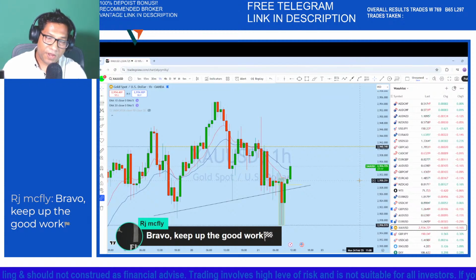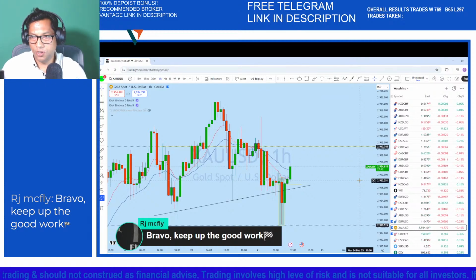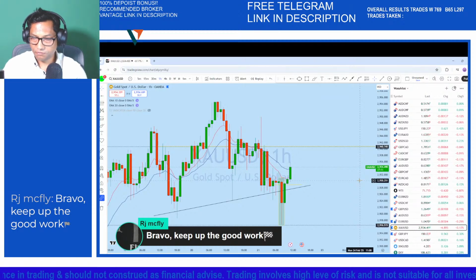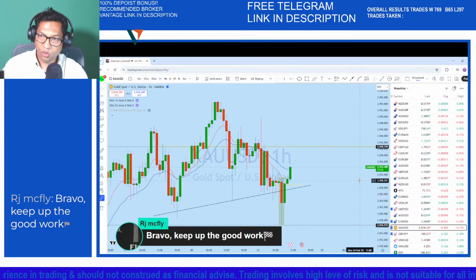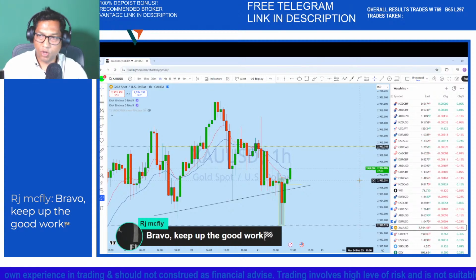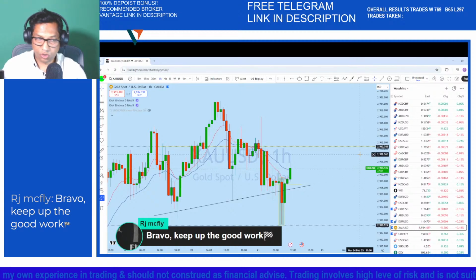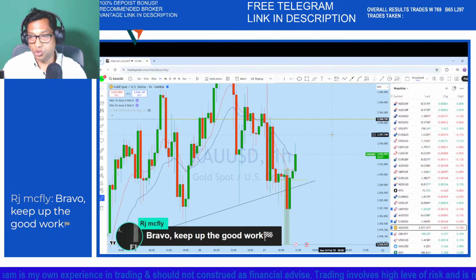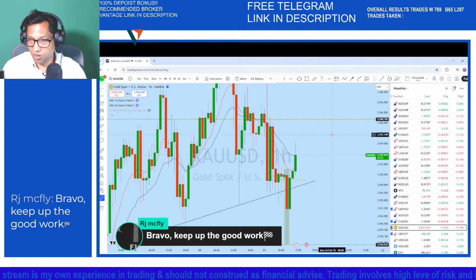Now behind that belief there is also a probability of it happening. That's where we need to understand the probability of that particular trade to execute, and it will also determine your risk reward.